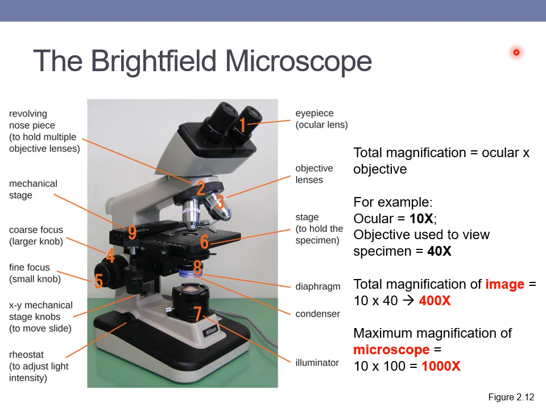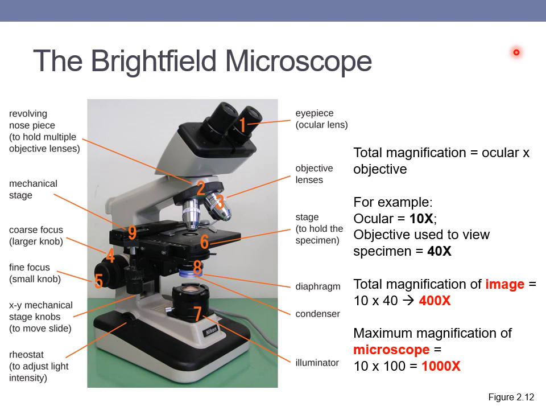So if we look at the total magnification of a bright field microscope, that total magnification is 10x, the magnification of the ocular, times 100x, which is the magnification of the highest objective on a teaching microscope.